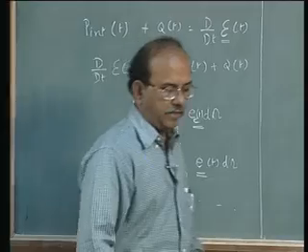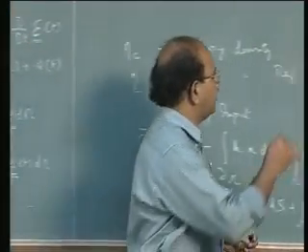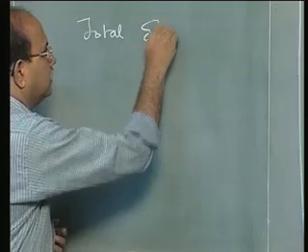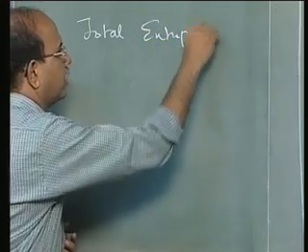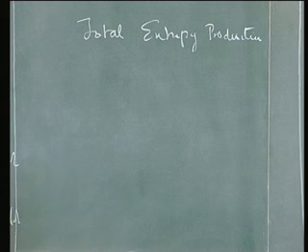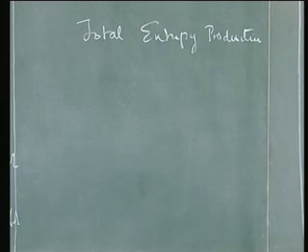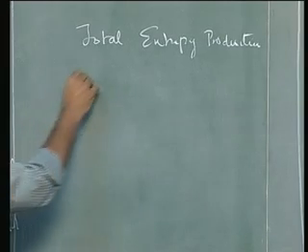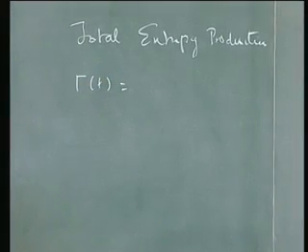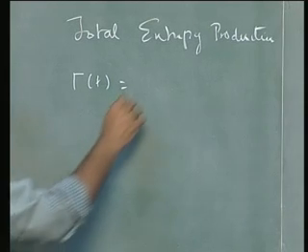So having said that, we talk about what is called the total entropy production. We'll call this gamma T, is equal to d by dt.